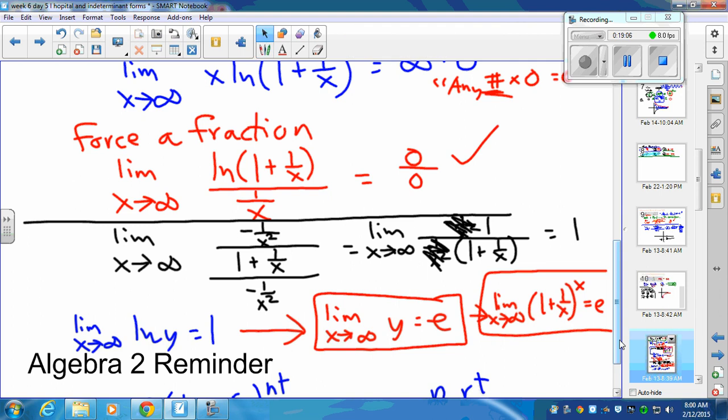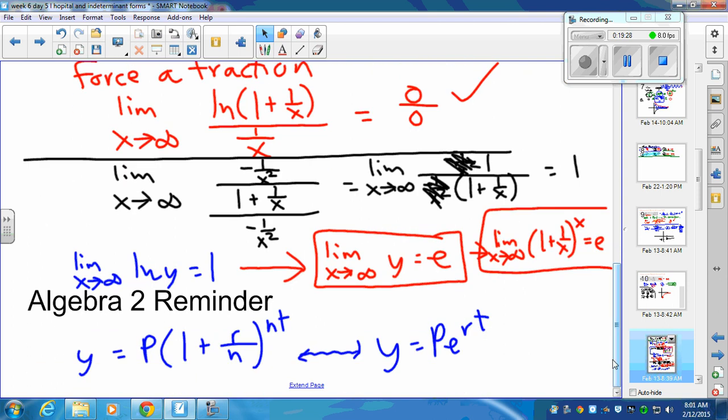Kind of cool. I have a little algebra 2 reminder here. Think back to banking, making money, interest, compound interest: interest daily, interest monthly, interest weekly, interest yearly, and stare at this algebra 2 reminder.